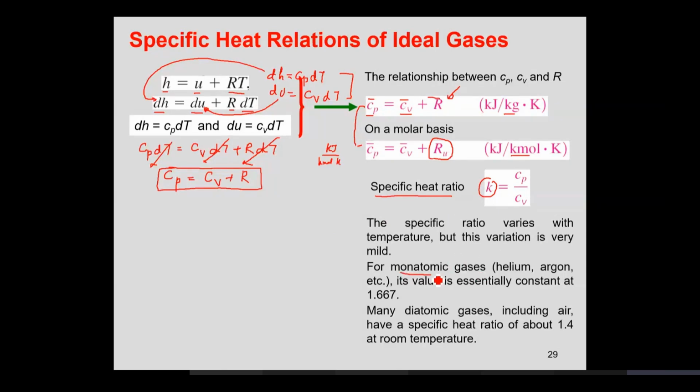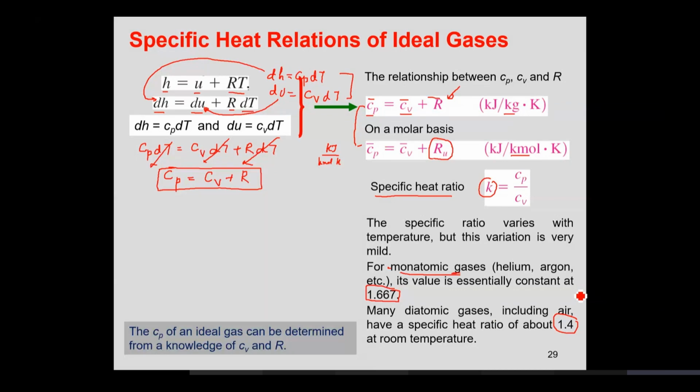For monatomic gases, helium, argon, etc., this ratio is 1.667, and for diatomic gases, which include air, it is 1.4.